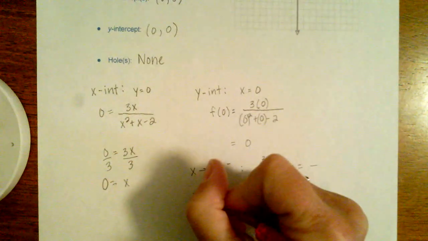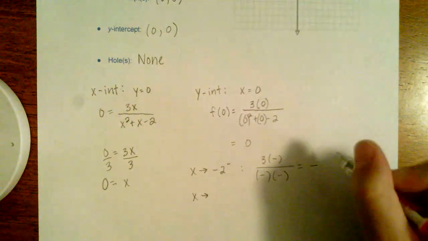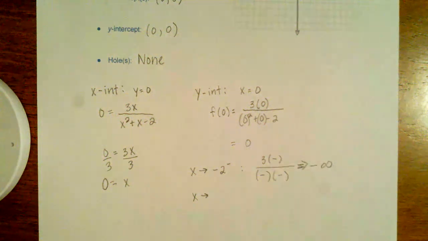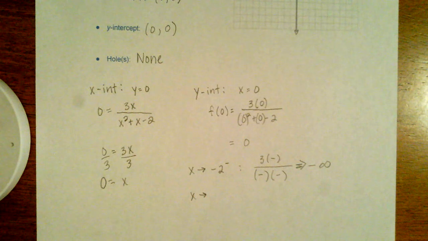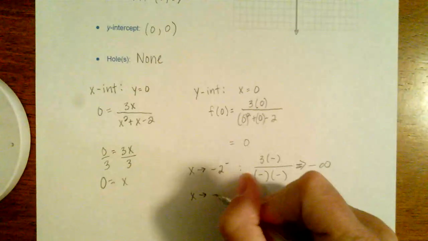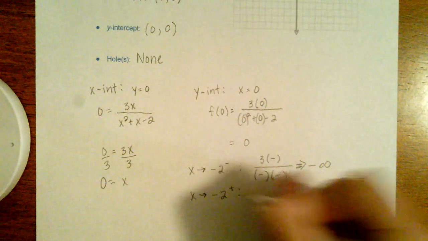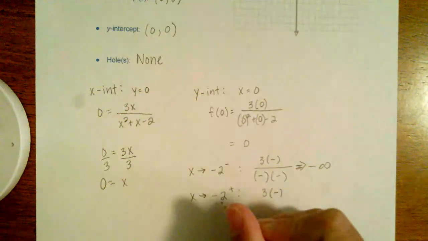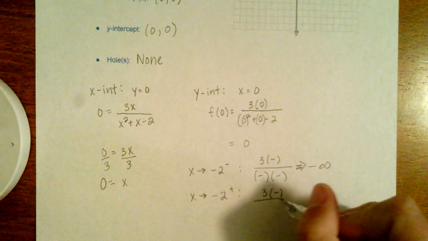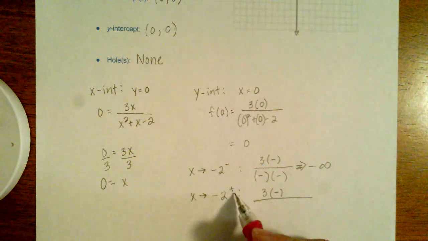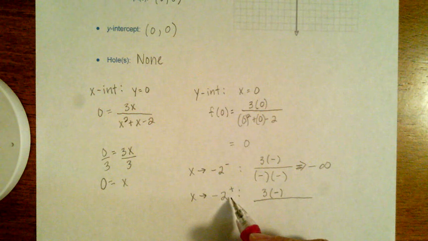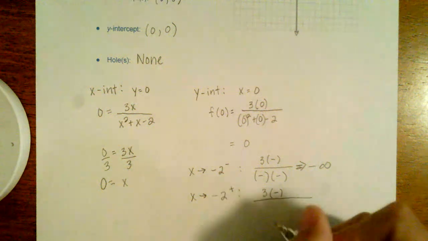So that means I'm going to -infinity. On either side of the vertical asymptote, I either go to positive infinity or negative infinity. So if I think of -2 from the right, again, I have 3 times a negative, over -2 to the right. We're thinking about -1.9. If I do -1.9 plus 2, I get a positive.